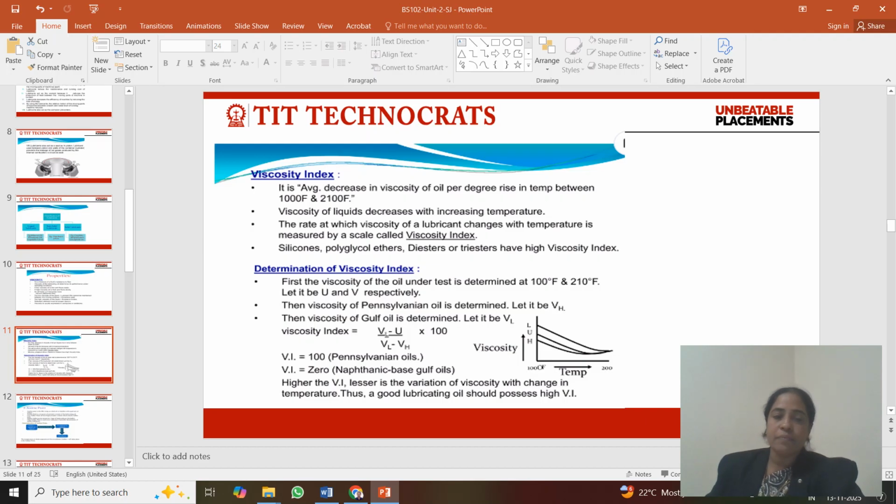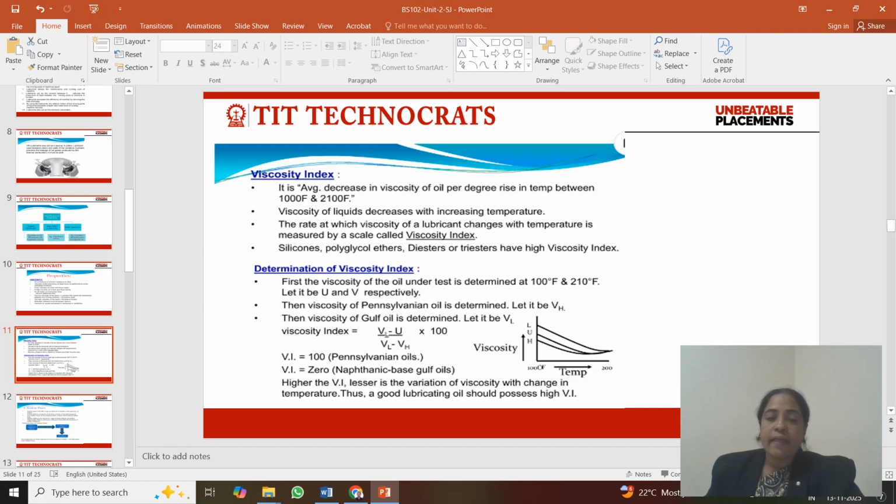High viscous oil means that type of oil which has a viscosity index more than 100, and the low viscous oil has a viscosity index of 0. So the VI of Pennsylvanian oil is more than 100, and the viscosity index of naphthalene based Gulf oil is 0.